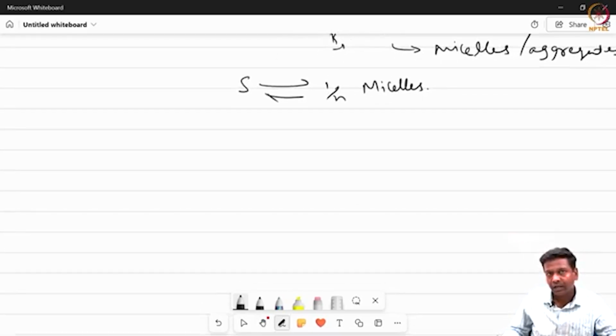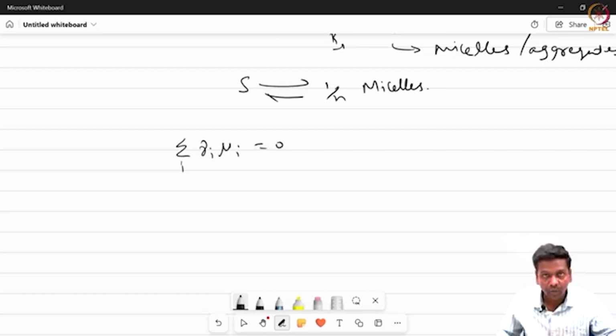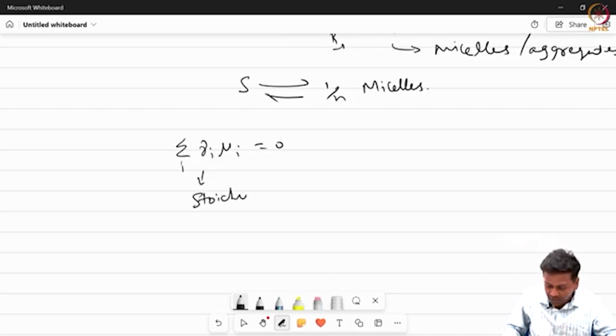For any equilibrium reaction, we know the criterion of equilibrium is simply Σ ν_i μ_i = 0. Here ν_i is the stoichiometric coefficient, and μ_i is the chemical potential.